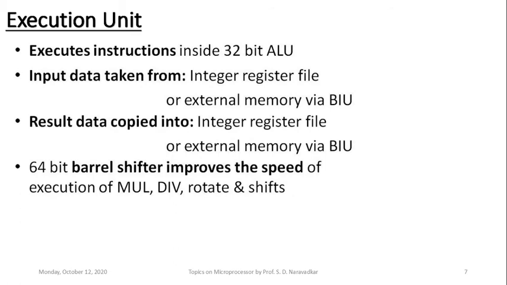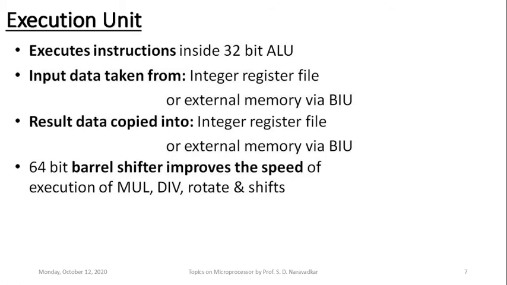That's why the barrel shifter must be 64-bit, because the partial product in the process of multiplication is 64-bit and needs to be shifted.